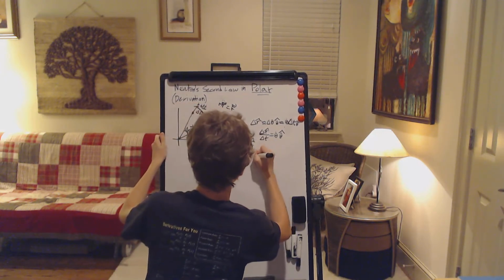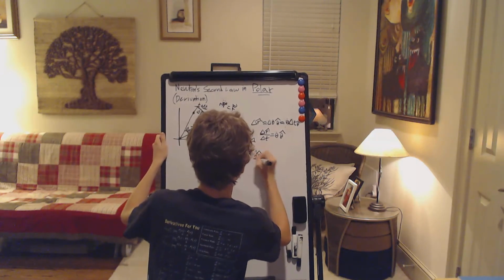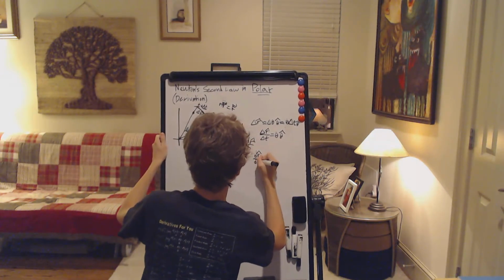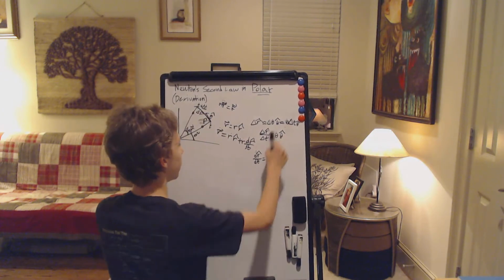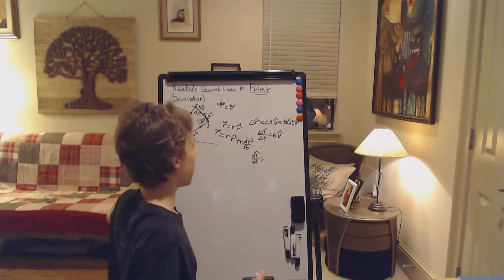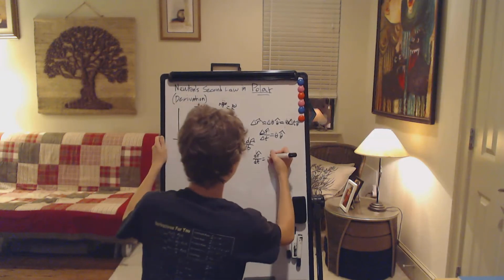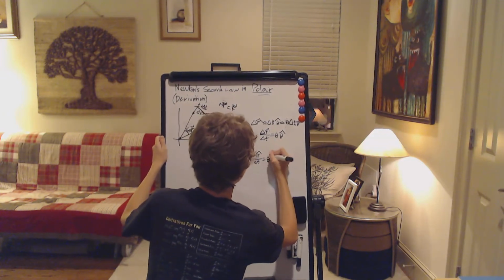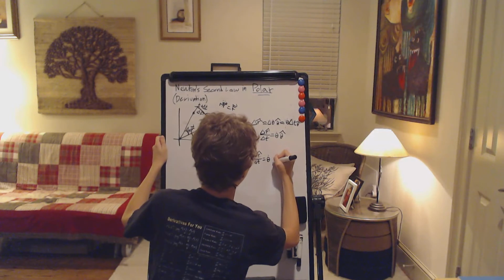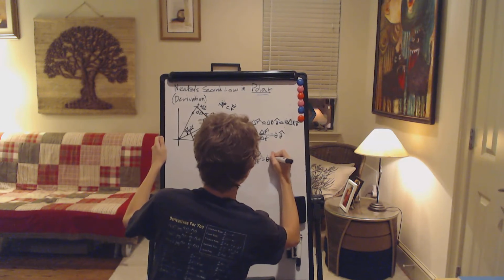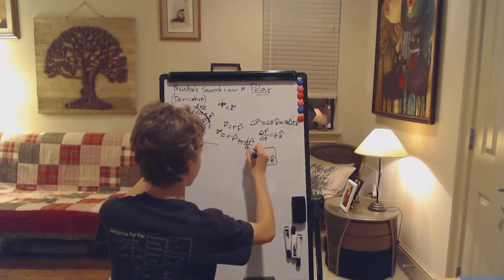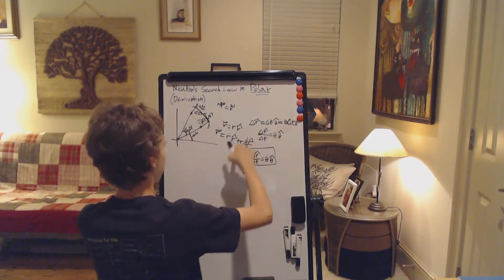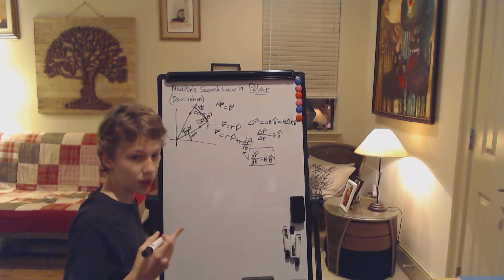So if we take the limit, we'll get dr hat dt is equal to theta dot theta hat, and you can think of this limit as already being taken care of. And this is really important. So now we can plug that back in here. Very neat, right?